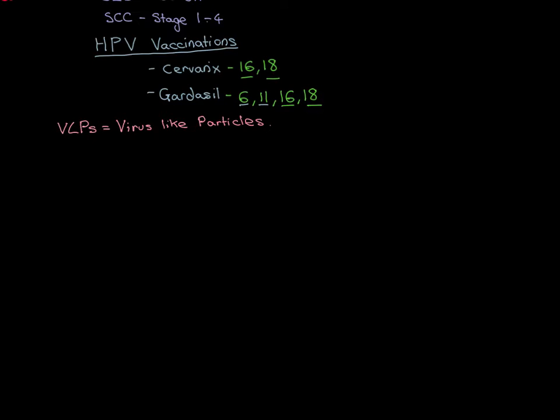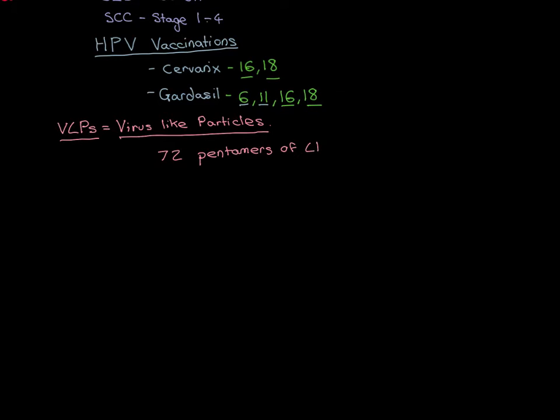Now, virus-like particles aren't quite the capsid, they are just the L1 component of the capsid. You don't have L2 in the virus-like particles. So, virus-like particles consist of the 72 pentamers of L1. Remember back to what I told you about HPV's capsid. It contains 72 pentamers of L1, which are called the capsomeres.